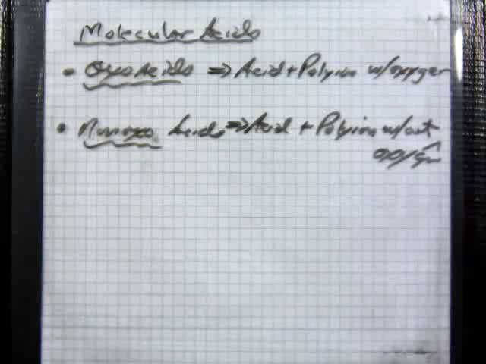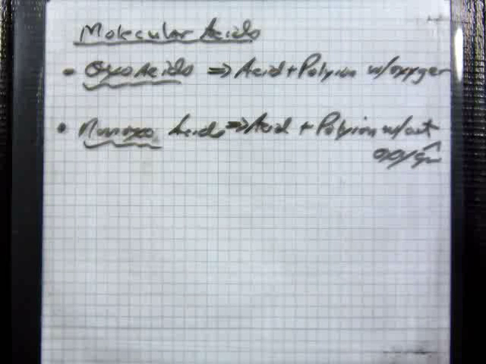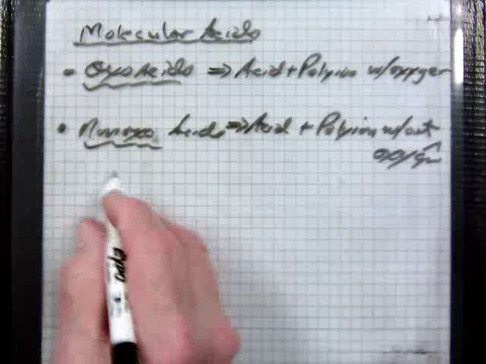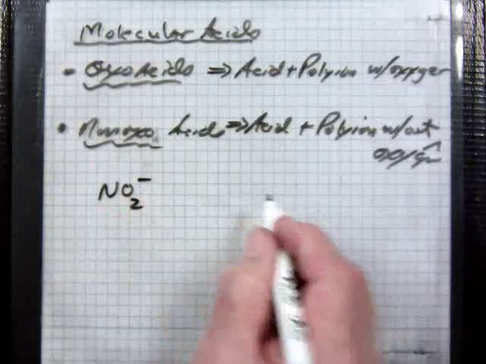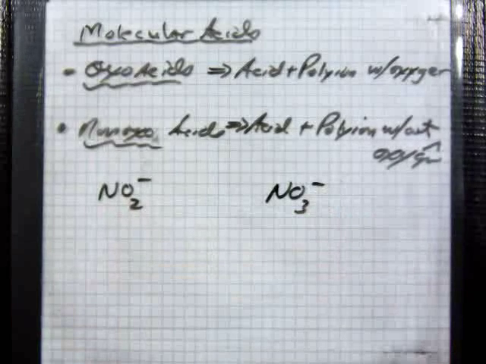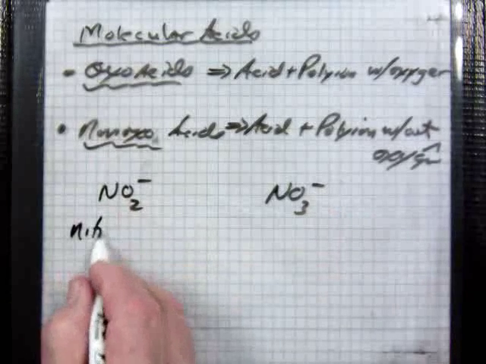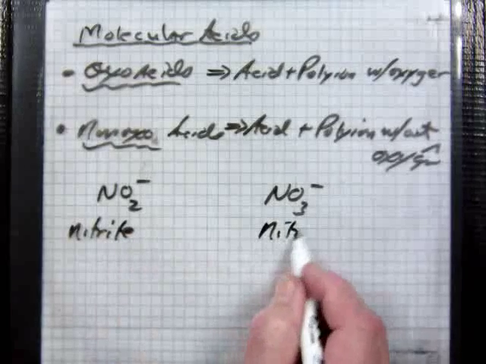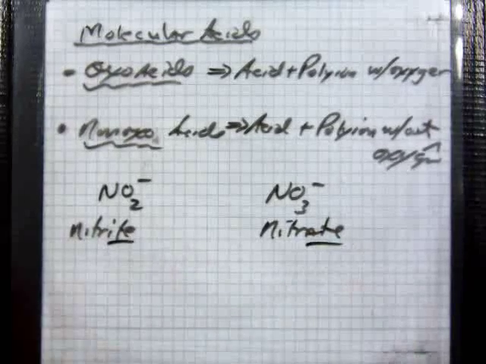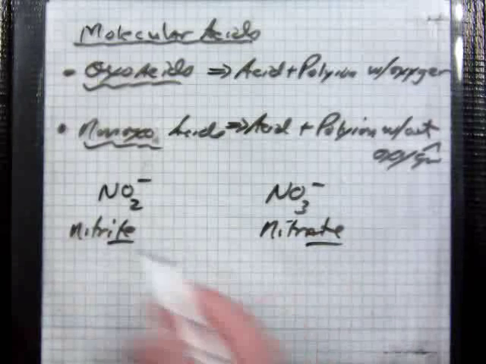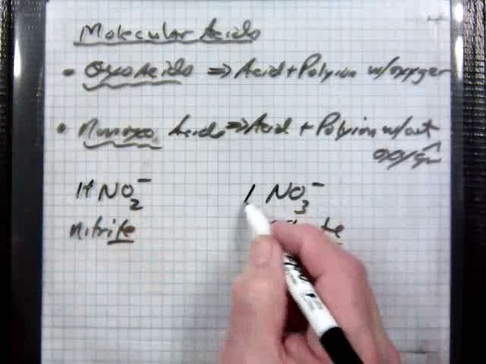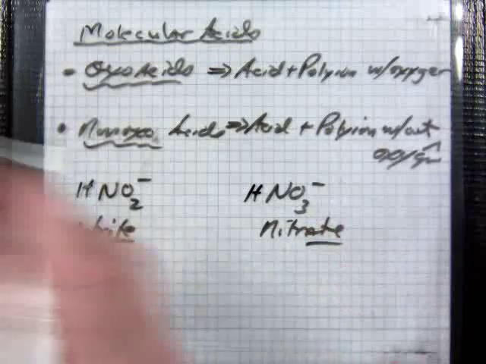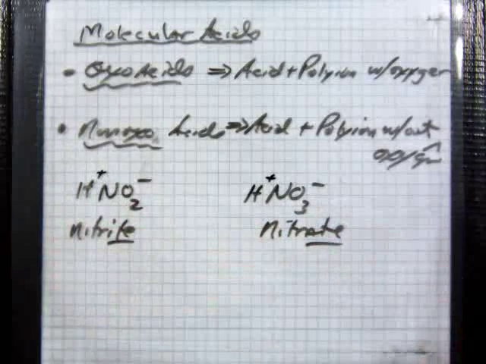So here, get your polyion list. Try to draw out NO2 minus, and I'll put NO3 minus over here. One is a nitrite, and this was nitrate. Well, the ending dictates how you define that. Now, if I'm going to make this into an acid, all I need is one hydrogen, HNO2, or here, still only one hydrogen, because I'm neutralizing the NO3, minus 1.